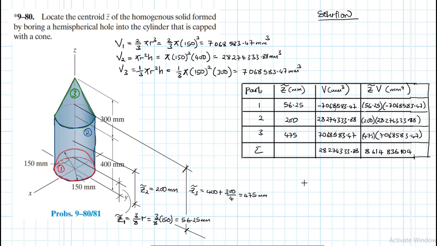Then z bar is equal to the summation of z curled times v, for n equal to 1 up to 3, divided by the total volume.